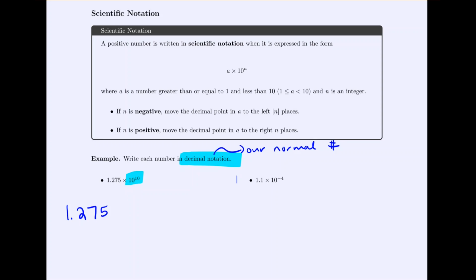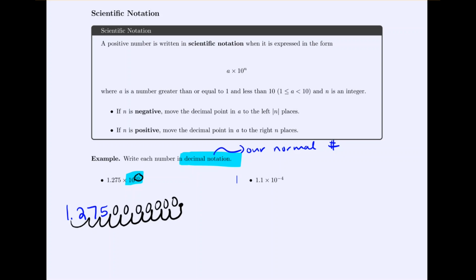So what I would do is I would find the decimal place. If one's not written, it's implied to be to the right of the last number. And in this case, since our exponent is 10, we move over 10 places to the right. So 1, 2, 3, 4, 5, 6, 7, 8, 9, 10. Put my decimal point there, and every blank where there's something missing, I add in a 0.